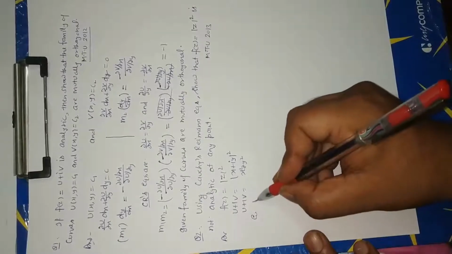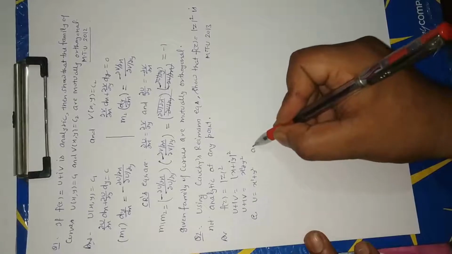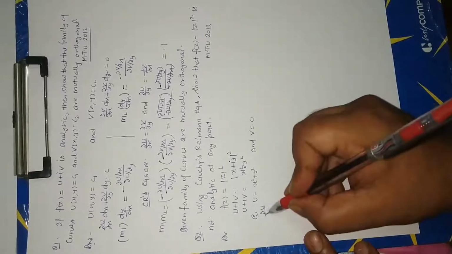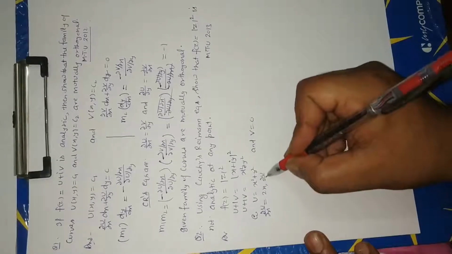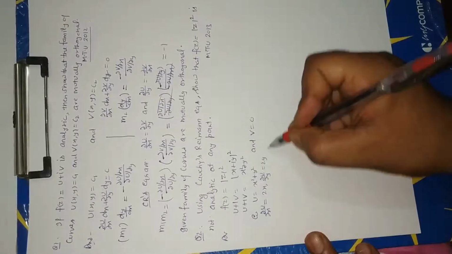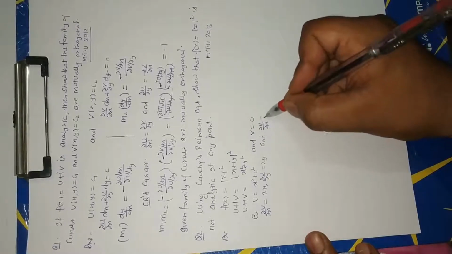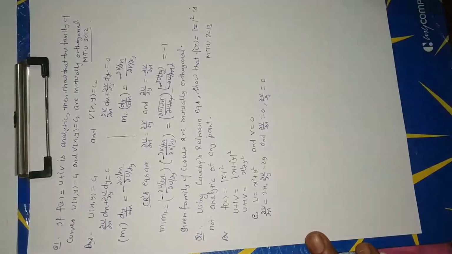Now comparing, u = x² + y² and v = 0. Now ∂u/∂x = 2x, ∂u/∂y = 2y, and ∂v/∂x = 0, ∂v/∂y = 0.